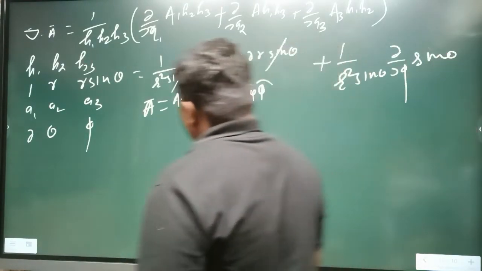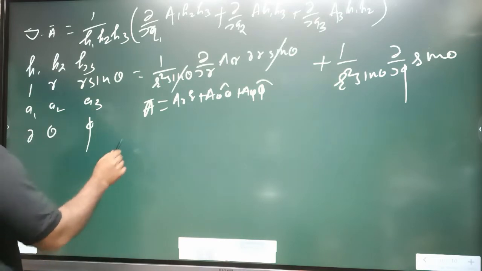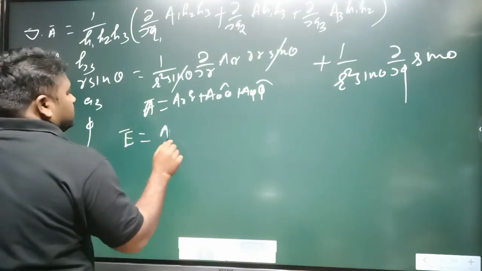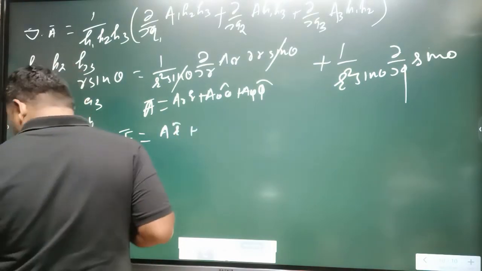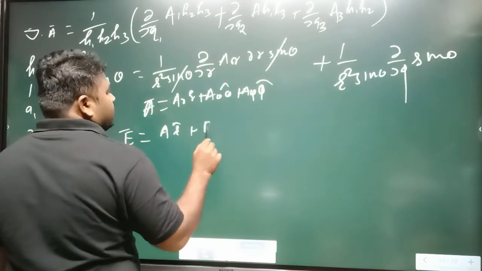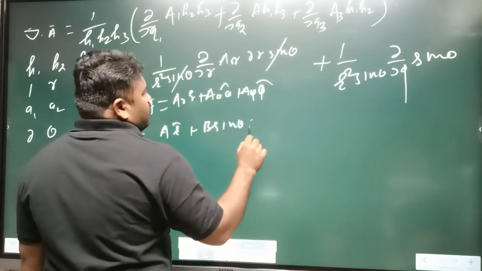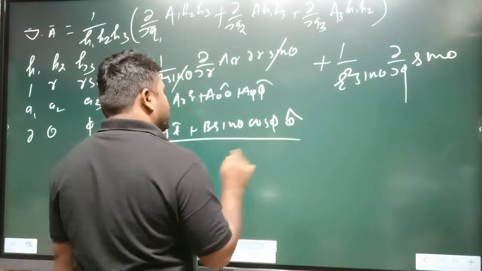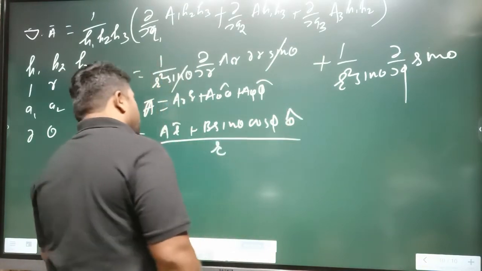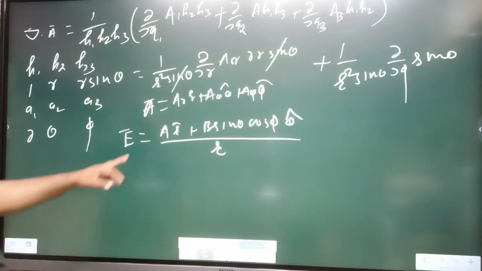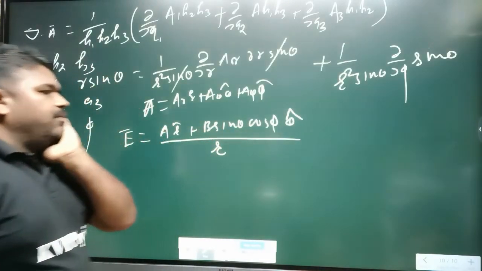Next problem. E bar is equal to A r cap plus B sin theta cos phi phi cap upon R. Find out the charge density. Here the electric field is a function of R and phi. Yes or no?